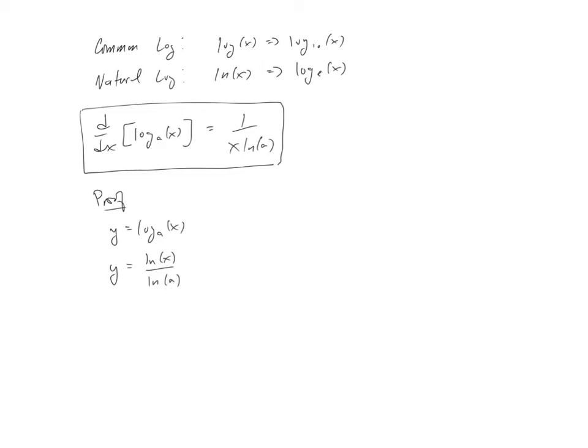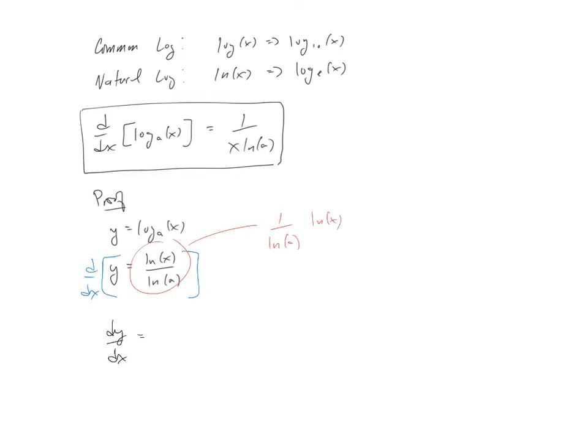And so now I'll come over here and take d/dx of both sides. On the left, that gives us our dy/dx. And on the right, notice this right here. Maybe I'll come over with it to the side. This is the same thing as 1 over the natural log of a times the natural log of x.